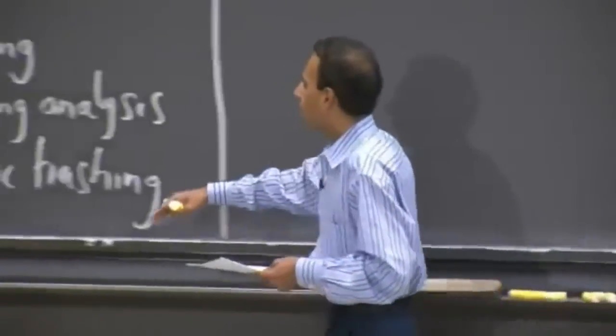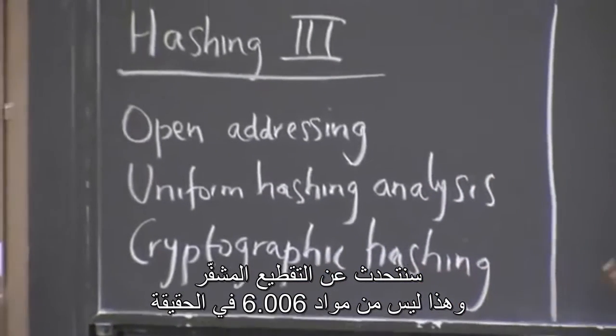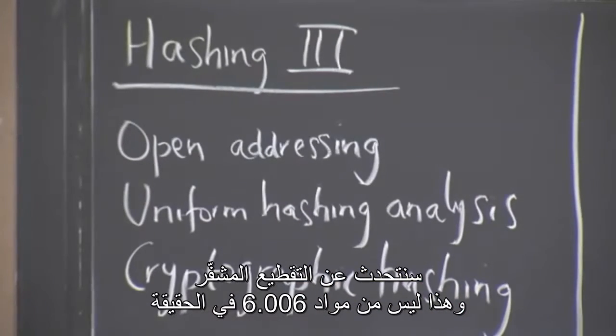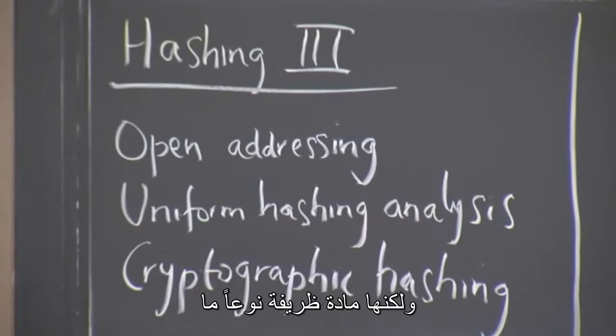And finally, we'll talk about cryptographic hashing. This is not really 6006 material, but it's kind of cool material.